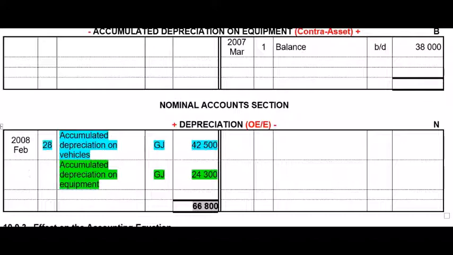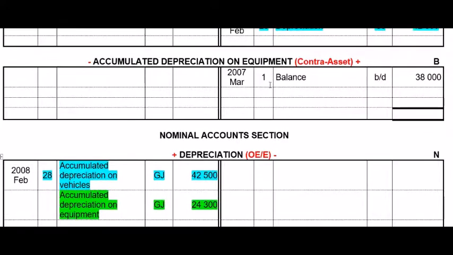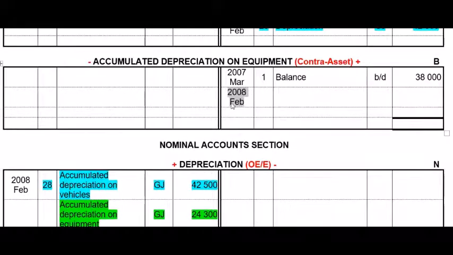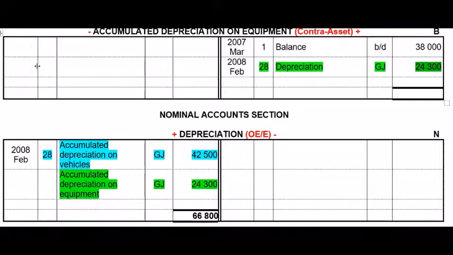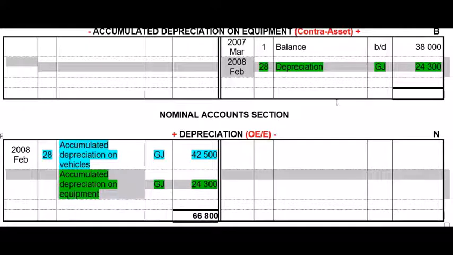And then the credit leg of this transaction will be in accumulated depreciation on equipment. Now it's a new year and month, so write that in there. 28th, depreciation is the contra account. General journal, 24,300, and I made them green so that you can see that this is the credit leg and this is the debit leg.